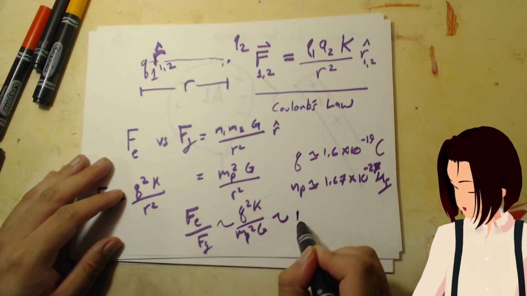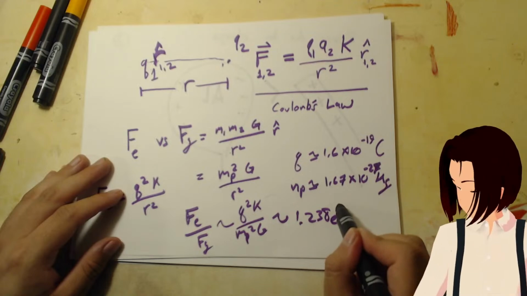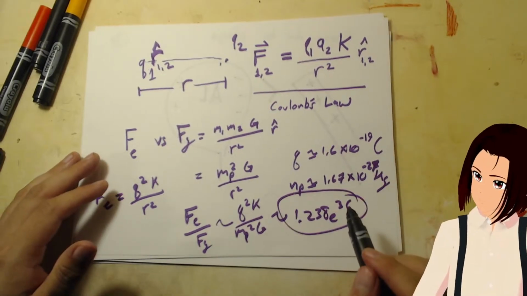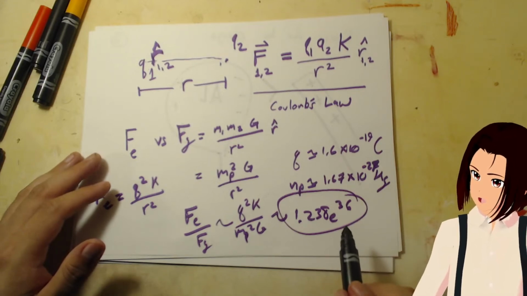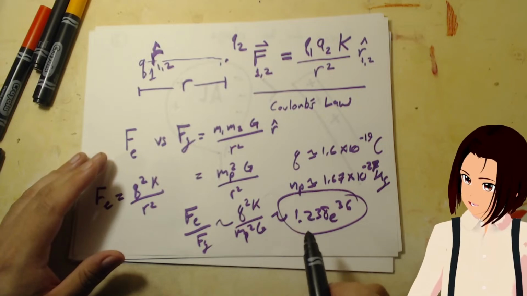It's about 1.238 times 10 to the 36. So this is much bigger, and that's still not enough to power all the things in the universe.